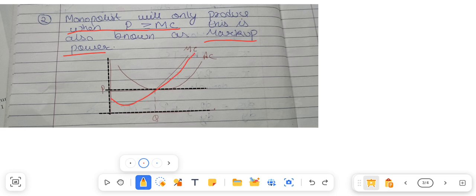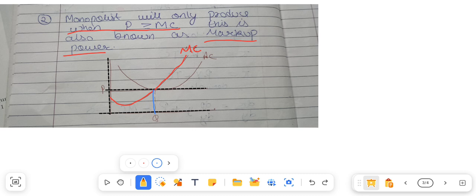This is the marginal cost curve. When the MC curve intersects the price line, we get the equilibrium quantity and equilibrium price.